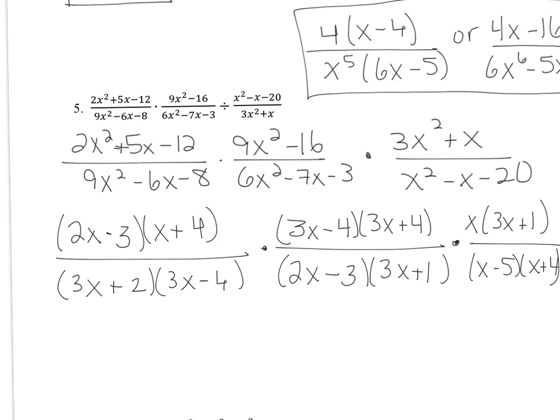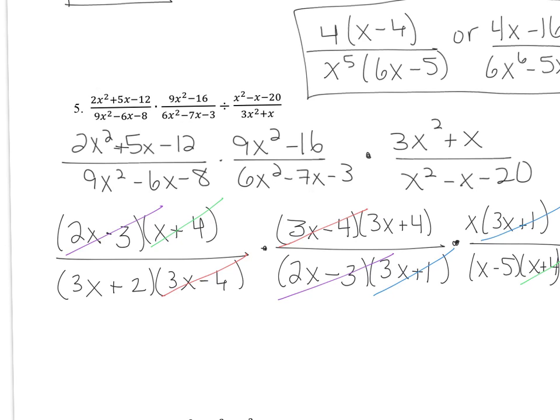Now it's time to reduce. I see a 3x minus 4 on top and bottom. I see an x plus 4 and an x plus 4. I see a 3x plus 1 and a 3x plus 1. And then I see a 2x minus 3 and a 2x minus 3.